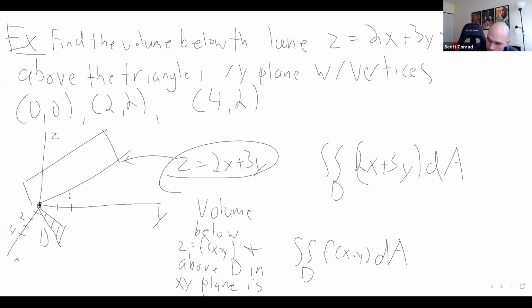So let's look at the region D here. Let's just look in the plane. Okay, so the region we're integrating over is a triangle, and it's going to have vertices 0, 0, 2, 2, and 4, 2. So is this guy going to be vertically simple?